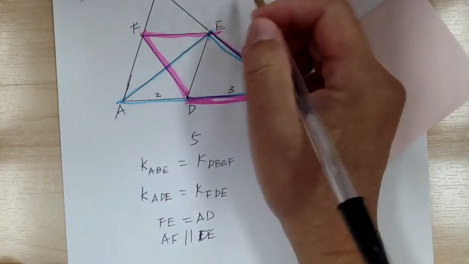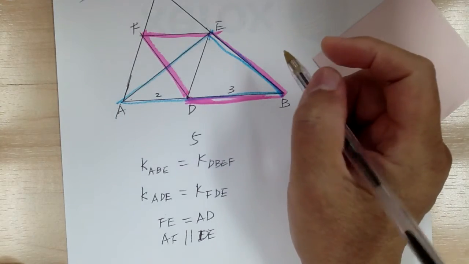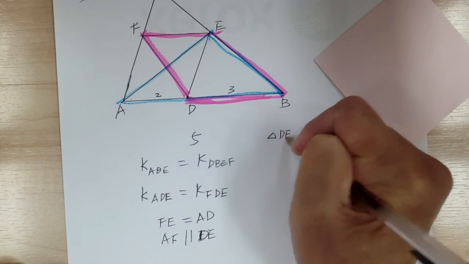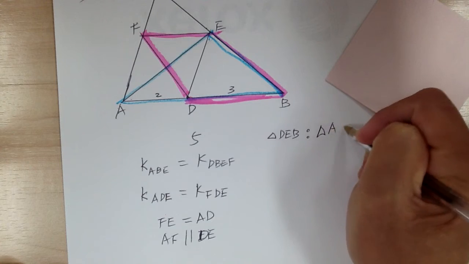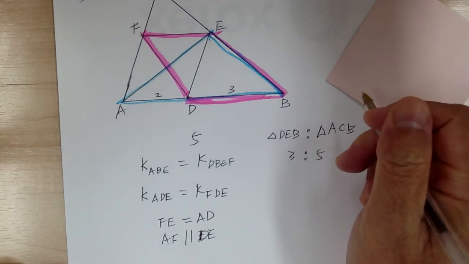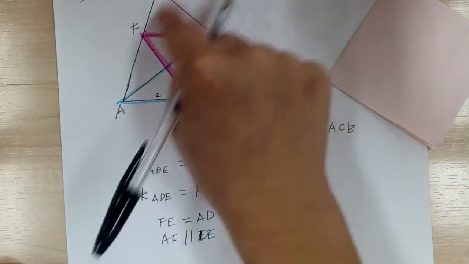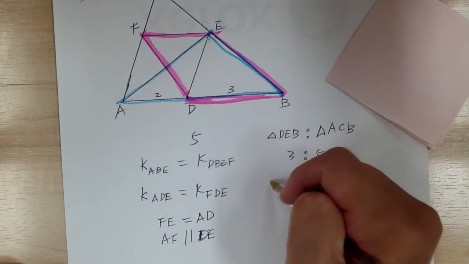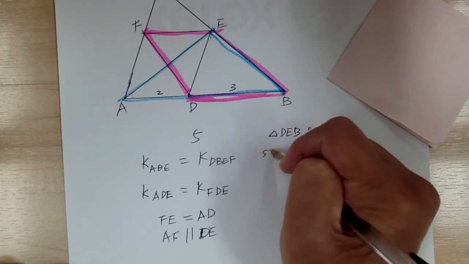So these are parallel, and therefore you have to use a scale factor. So triangle DEB to triangle ACB is 3 to 5. Look at this triangle and this big triangle. It's 3 to 5. So this is a scale factor.